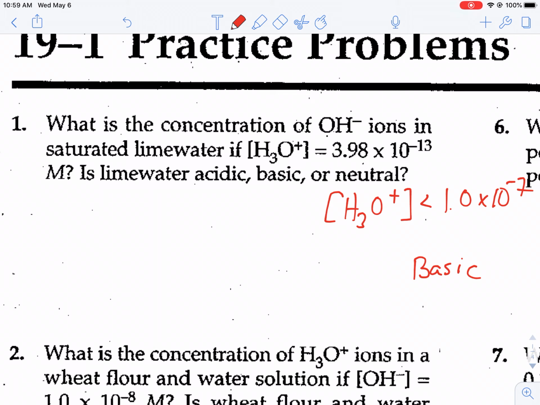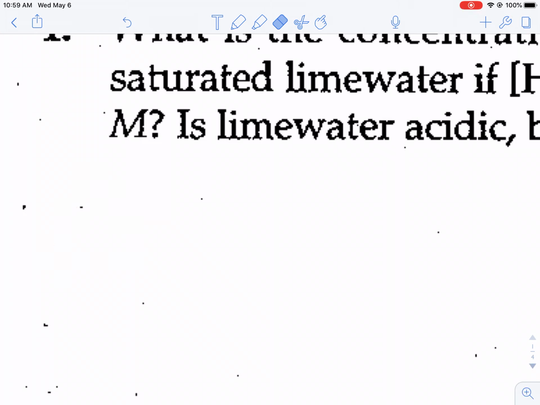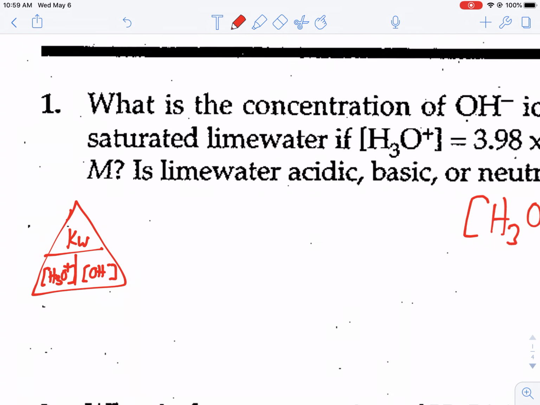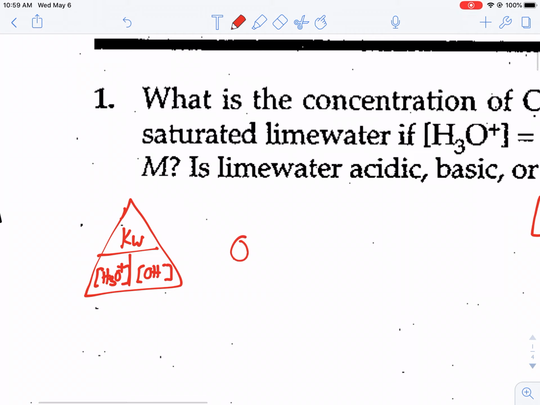Okay, but now let's figure out what is my hydroxide concentration. If I go back to that triangle, Kw equals a concentration of H3O plus times the concentration of OH minus. What I'm trying to find is the concentration of OH minus. So this is going to equal Kw over the concentration of H3O plus.